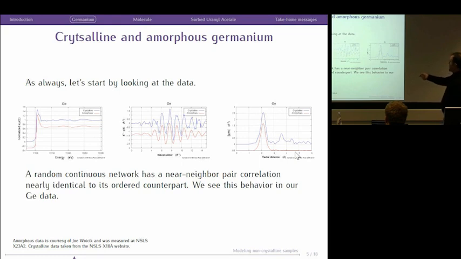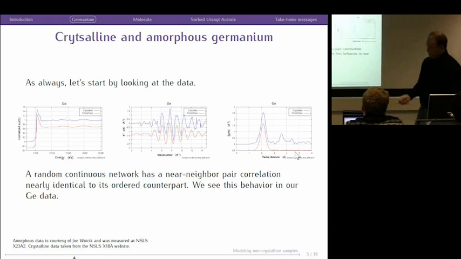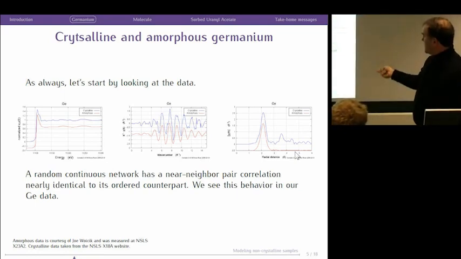If you look at chi of r, they look alike, but the crystalline one has more peaks. In specific, this first peak looks super similar between crystalline and amorphous germanium. And this should not surprise us. If germanium is really a random continuous network, then we expect the near neighbor distance in crystalline and amorphous germanium to be about the same. So that this happens isn't surprising.